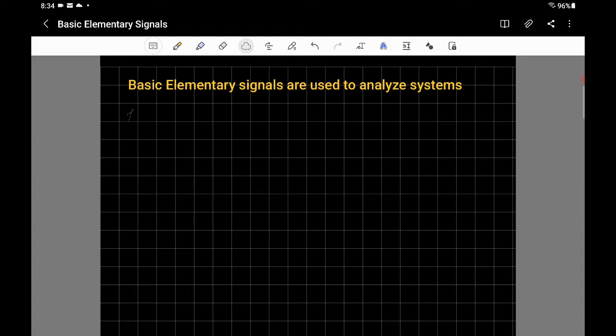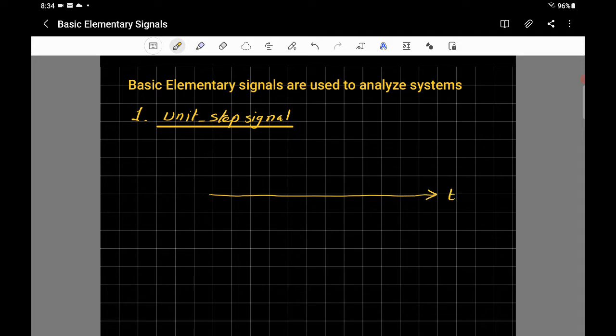The first signal will be called unit step signal. As a continuous time signal, on the x-axis is the time, and the vertical axis is at t equals 0.